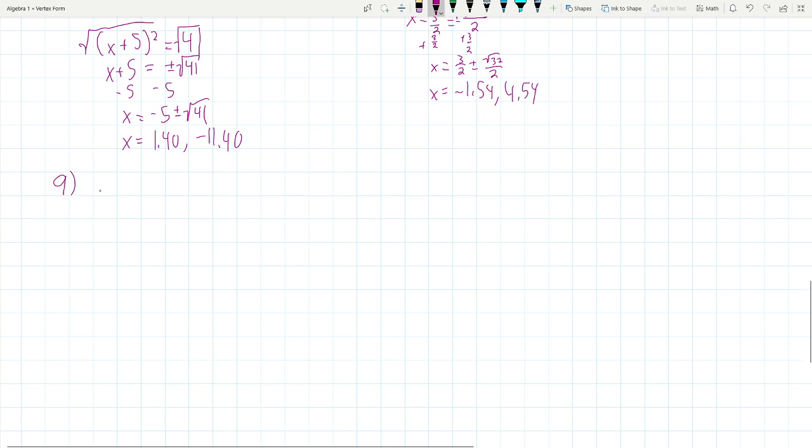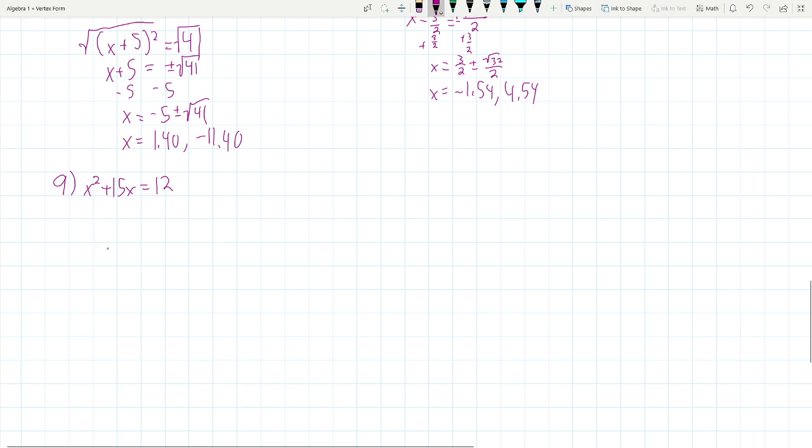Number 9. x squared plus 15x equals 12. Now, you might have started to figure out the pattern that's going on here, and you might not need to be doing the square box, the table method, in order to make this happen. And that's totally fine.